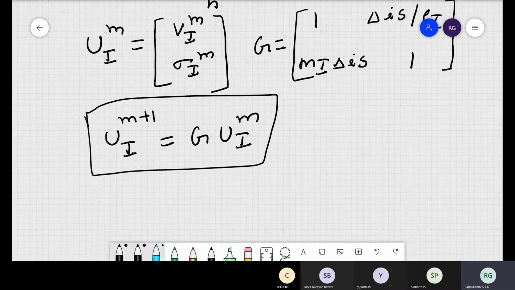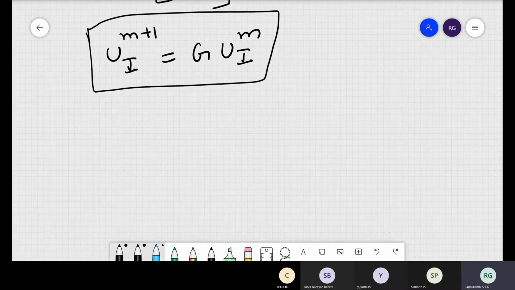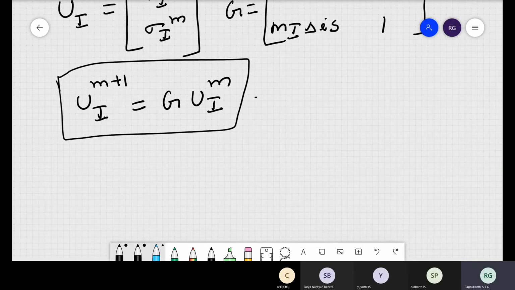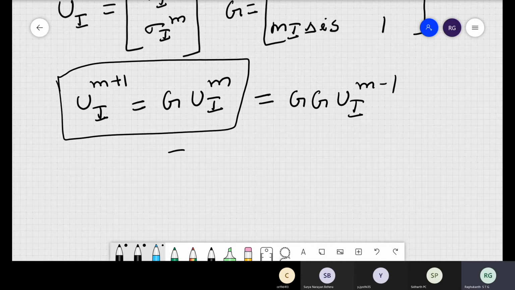You followed, right? Now you can write this in a recursive format, as G into G u_i at m minus 1, or as G G G u_i at m minus 2, like this.